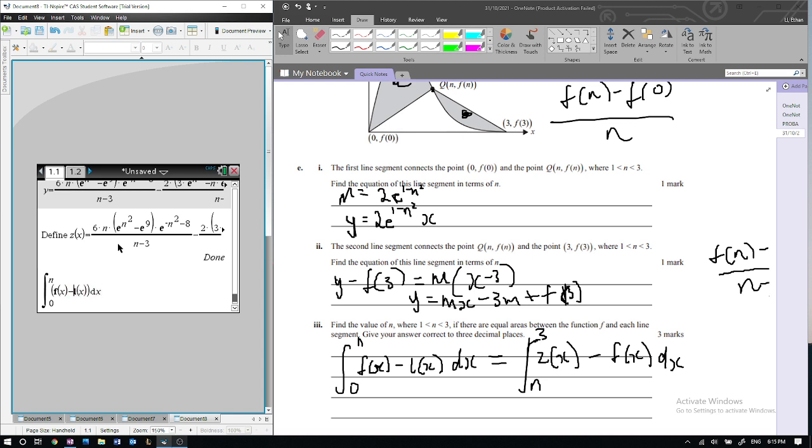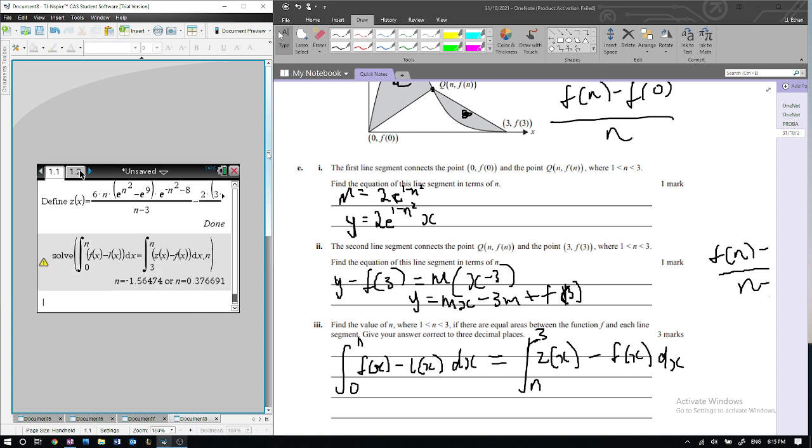Oh, I forgot to solve. Just type that in. Equal to menu 4 3, the integral from 3 to n of f of x minus L of x dx, solve for n.